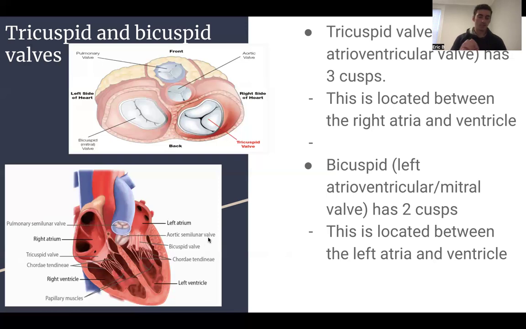The bicuspid valve has two leaflets, or two cusps, and is located between the left atria and the left ventricle. Like I said before, these valves work with the chordae tendineae and the papillary muscles to regulate how much blood flows into the ventricles, so that we can regulate the blood flow through the heart.